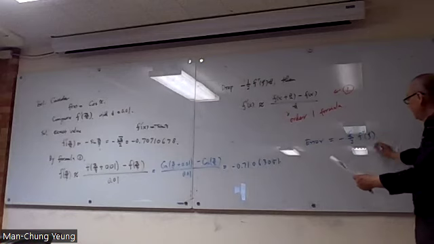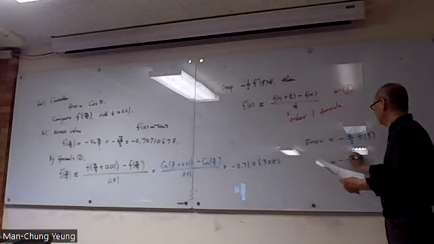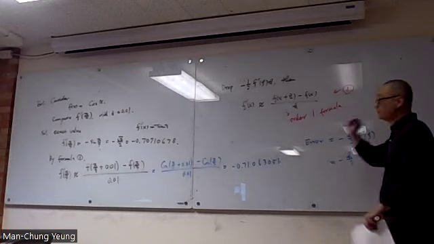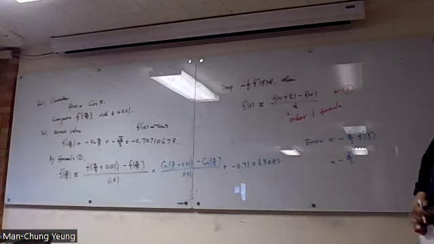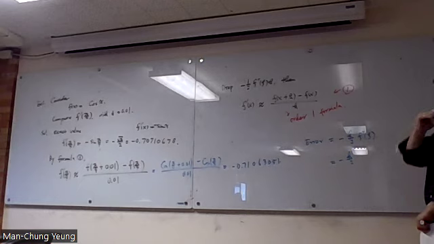Take the derivative twice of the function: once is negative sine, again is negative cosine.